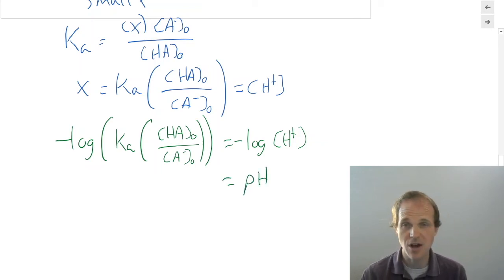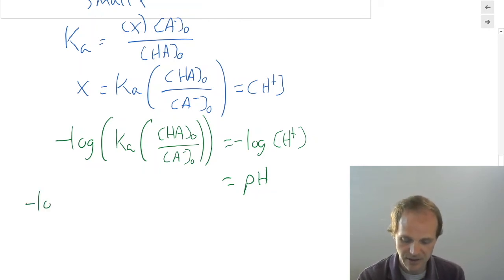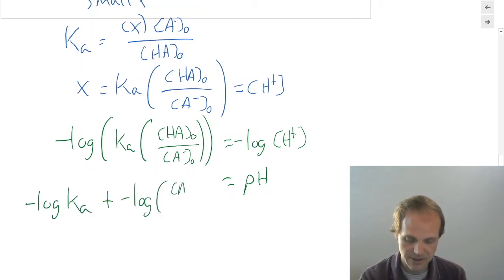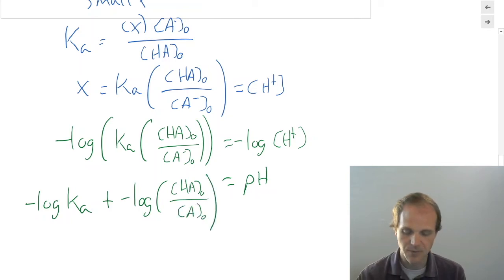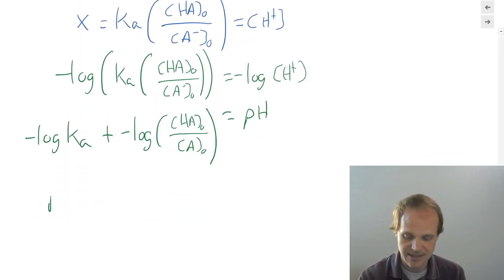Now we're going to use some log rules, right? The log of A times B is the log of A plus the log of B. So we're going to get the negative log of Ka plus the negative log of [HA]naught over [A-]naught. But what's the negative log of Ka? That's the pKa.